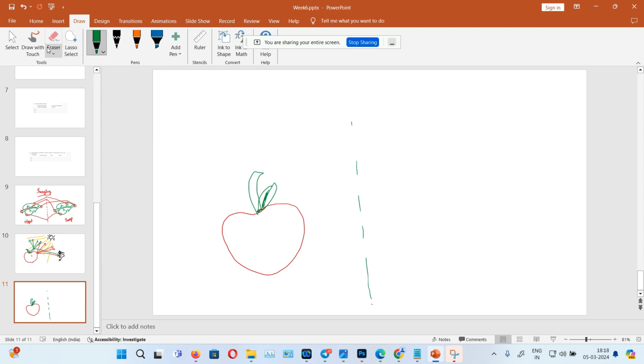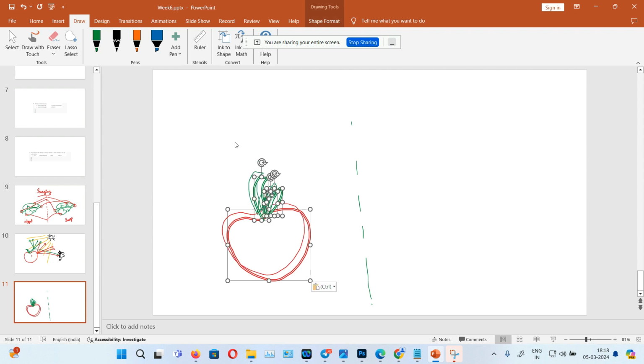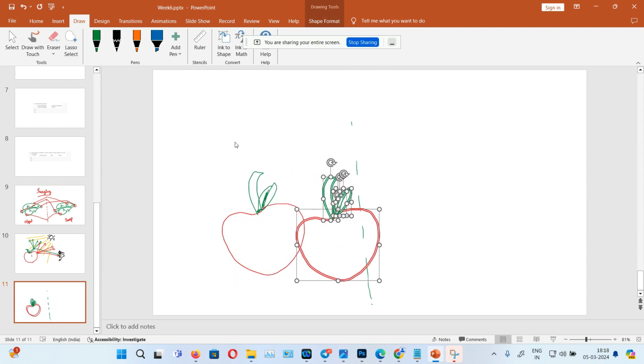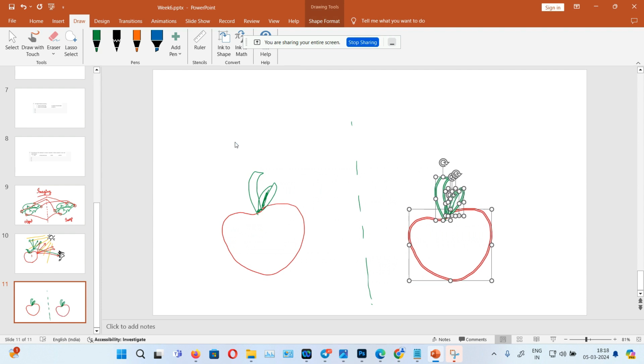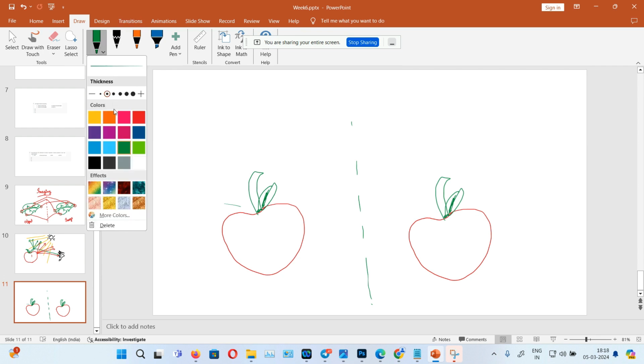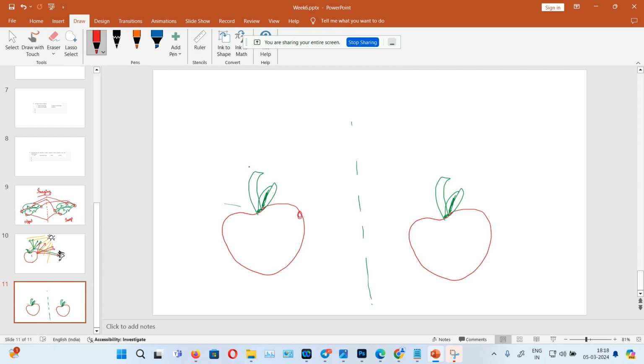So what should be required? I know that from this point a lot of light is emitting, and this light should reach the corresponding point here.